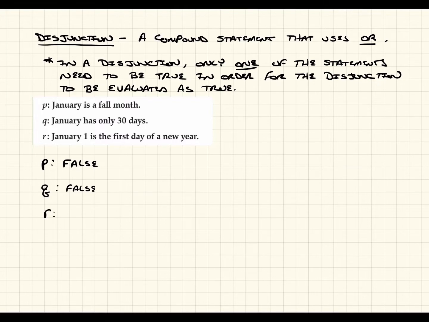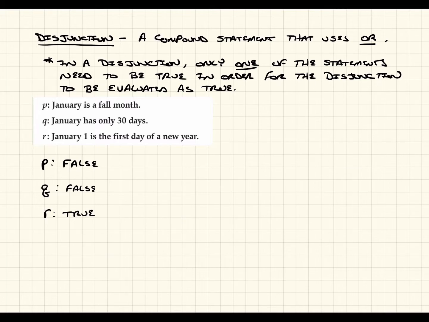January 1 is the first day of a new year. Well, that is true. In our calendar, January 1st is the first day of the new year, so that statement evaluates out to true.